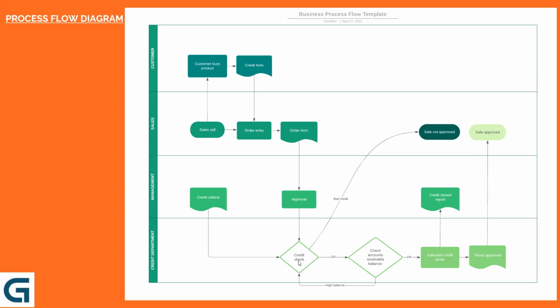The diamond shapes are the decision boxes, the circles and rectangles are the inputs, and these shapes define the processes. With me so far? This is for the process flow diagram. I hope I am still audible to you all. Yes, sir.